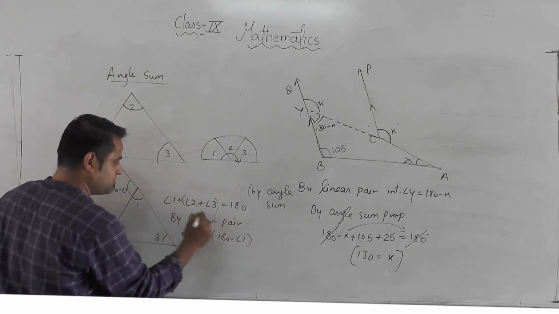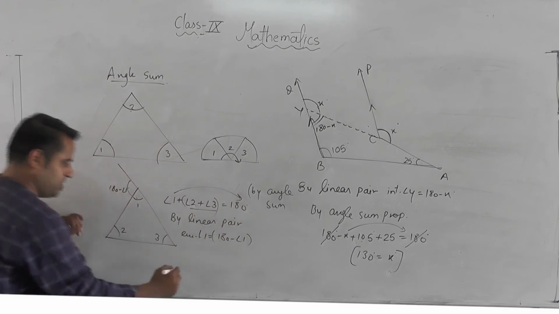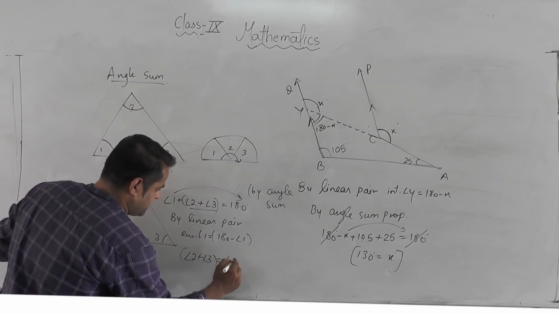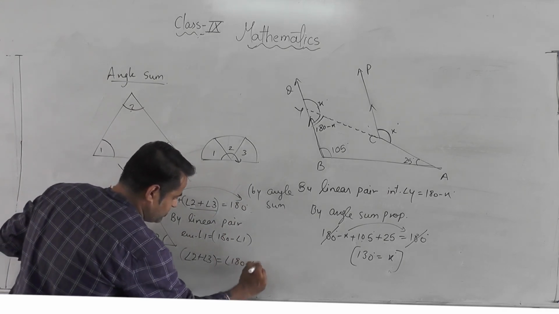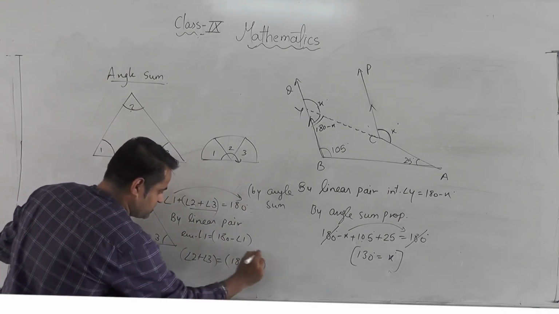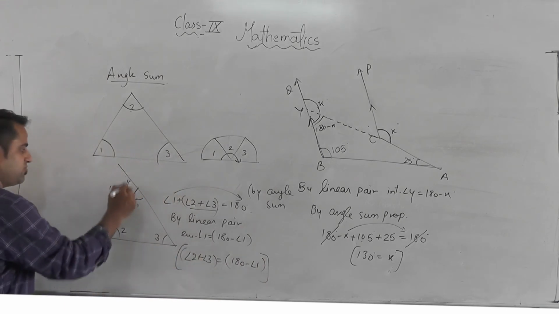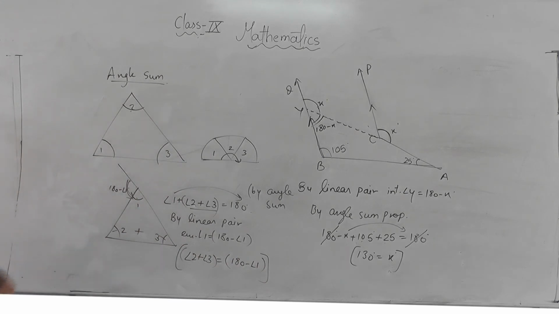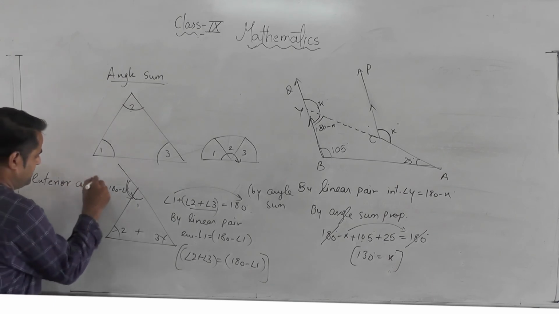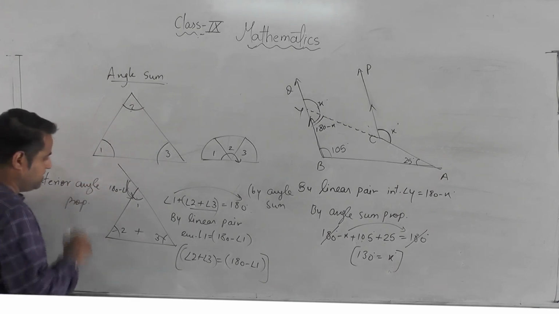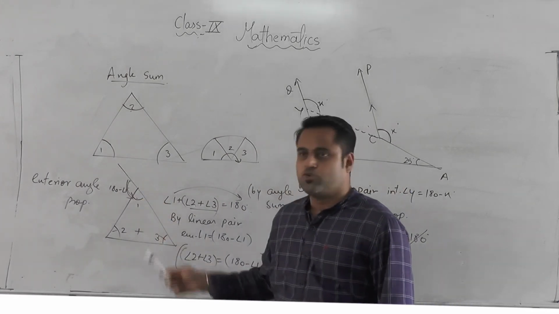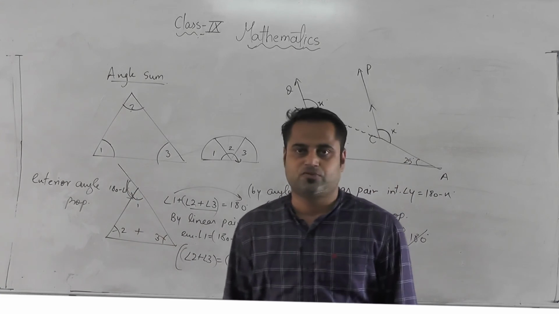Now you can find this 2 plus 3 is also giving the same value, so angle 2 plus 3 will be equal to 180 minus 1. So what it shows is that the exterior angle is equal to the sum of the 2 interior angles. This is called the exterior angle property. What it says is, the exterior angle is equal to the sum of the two opposite interior angles.